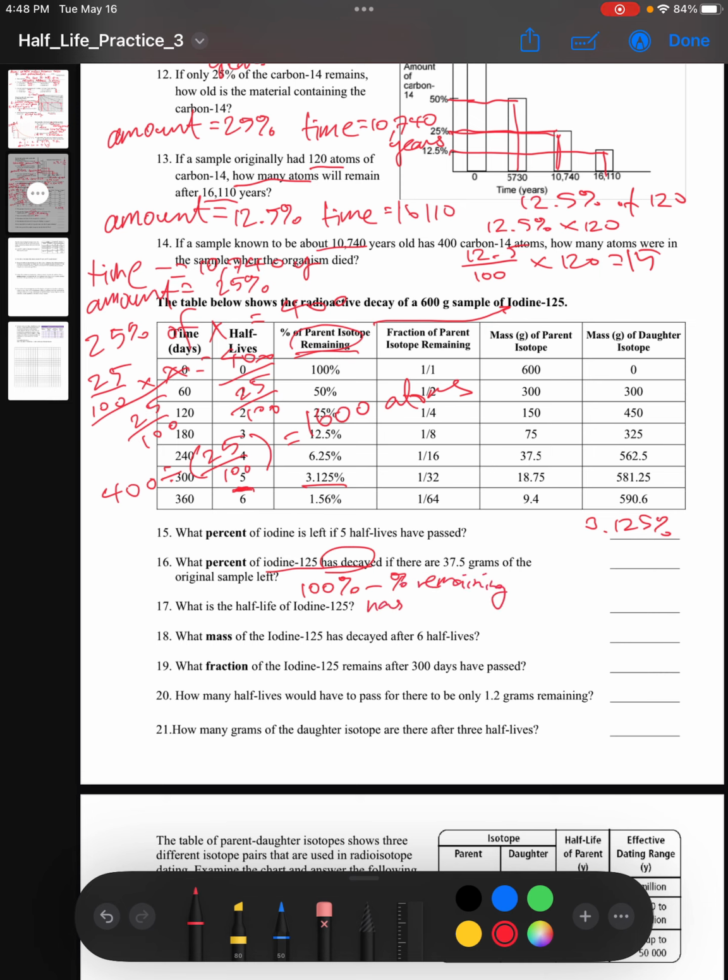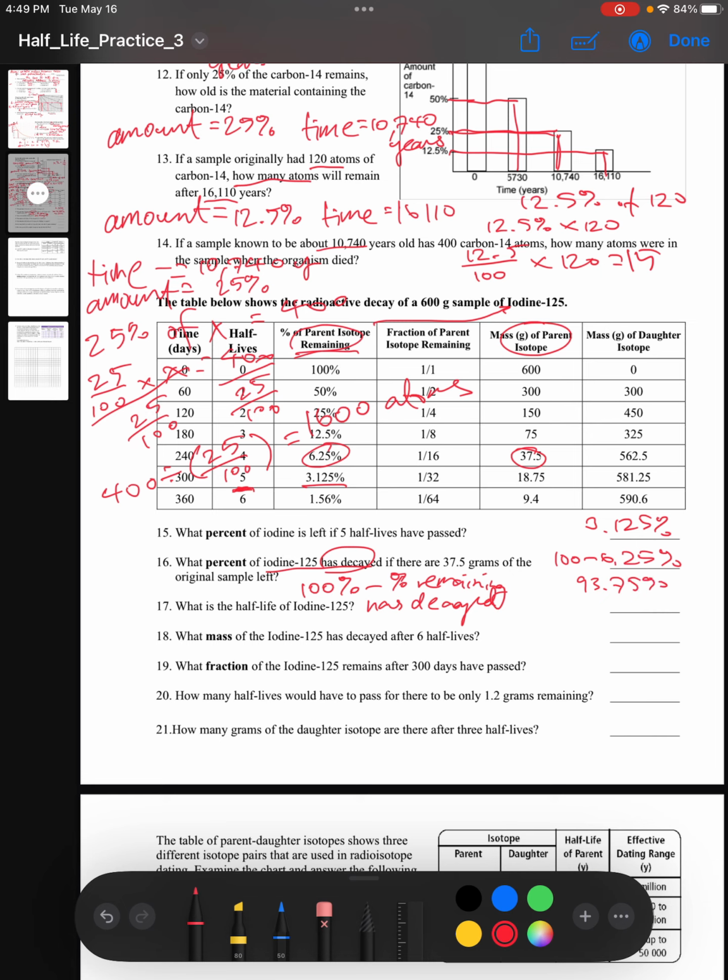That has decayed. There are 37.5 grams of the original sample left. Original sample, that's the mass of the parent isotope. So 37.5 grams, 6.25% remains. Therefore, 100 minus 6.25%, that is 93.75%.